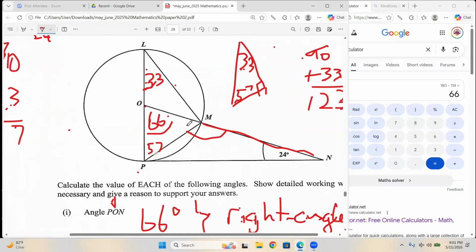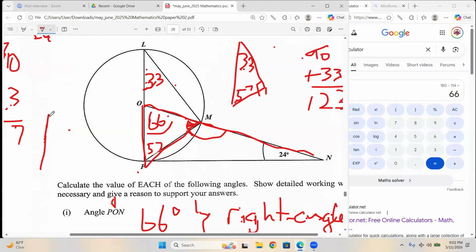Now, how is this going to help us? I said we could have used angles on a straight line. This is a straight line here. So if we could figure out this angle here, this little piece which is part of this other triangle, we'll get it.